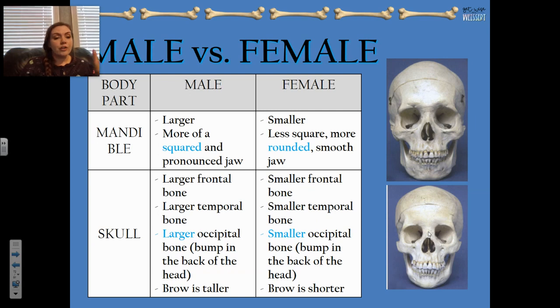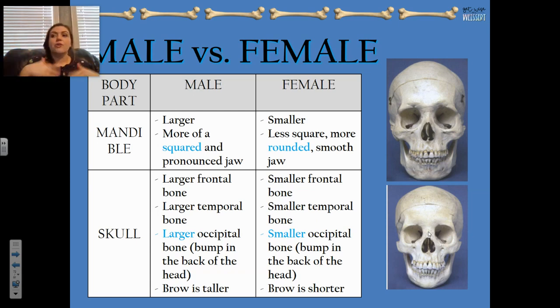It's not a perfect thing, but if you start looking at men and women in your life, especially full-grown adults, you'll notice it. I see it in teenagers a lot, where many of the males in my class don't have big brow ridges yet because they're not in their mature state. If I met them 5 years from now, it would probably grow a little bit, because y'all are still growing and developing.